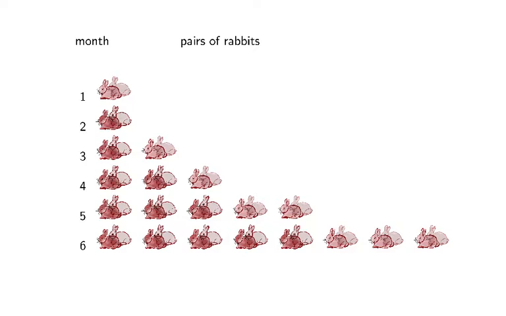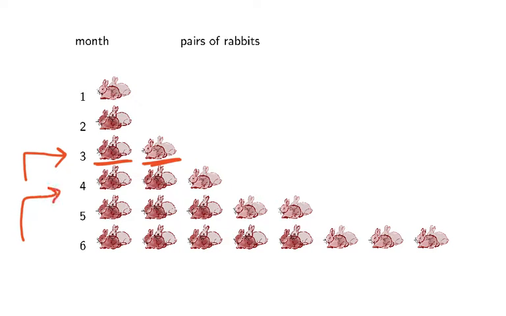You see that it's drawn with a lighter shade when they are not mature. In the 2nd month, we have the same pair, but now they are mature. In the 3rd month, we have the same pair, but now they have a new pair. This new pair is just born, so it's not mature yet.